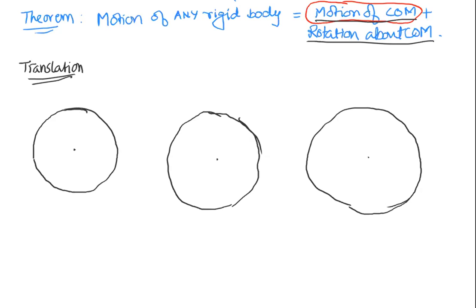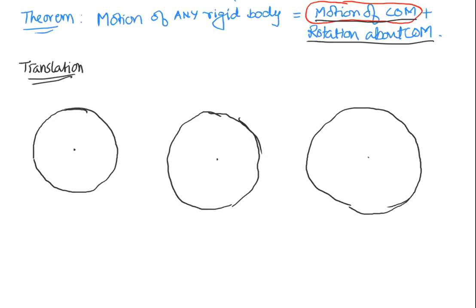You must be absolutely clear on this. Well, up till now, what we have been saying is that if we are talking about the translation of a rigid body, let's replace the rigid body by a point particle and let's only talk about the motion of that particular point particle.